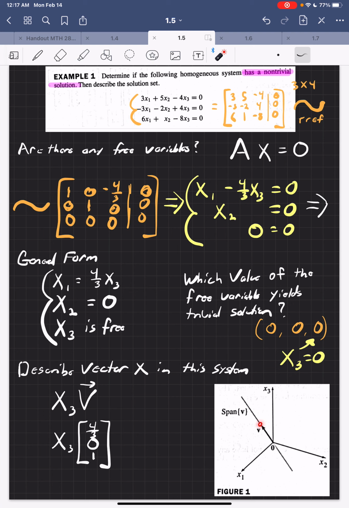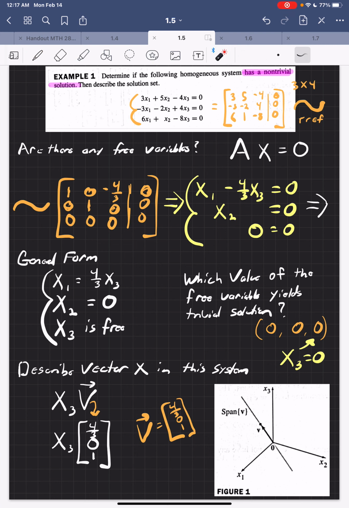So what do I mean by this vector v? Well, vector v is equal to 4/3, 0, 1.